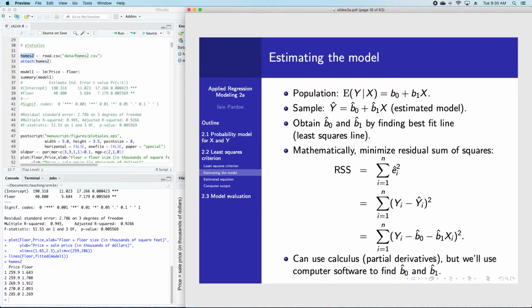But if you haven't done calculus, don't worry, because we're going to just use computer software anyway to find b0 hat and b1 hat. Just think about it as minimizing this function RSS with respect to b0 hat, the estimated intercept, and b1 hat, the estimated slope.